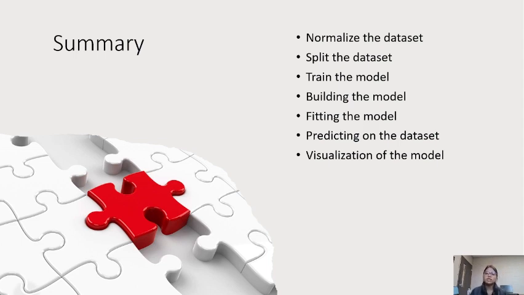Then the model is fitted according to the number of epochs and the batch size we want. Then the model predicts on the testing dataset. Then it is visualized by looking at the plots and comparing the testing and prediction datasets.